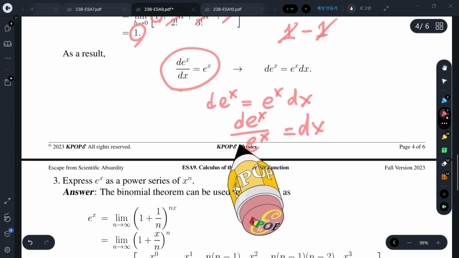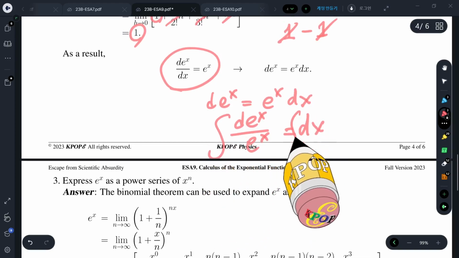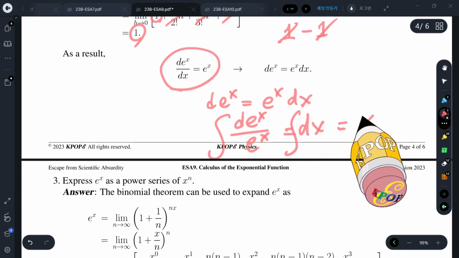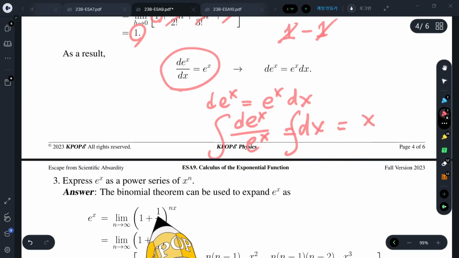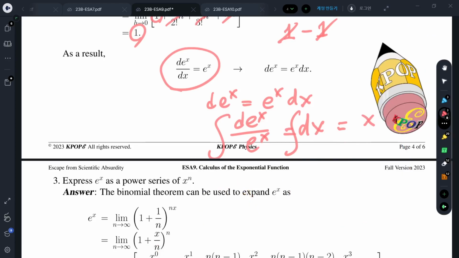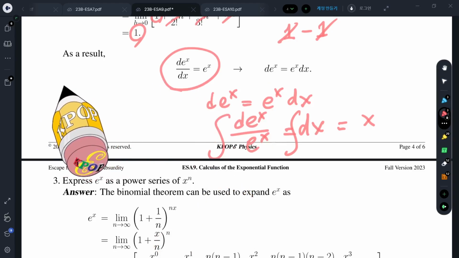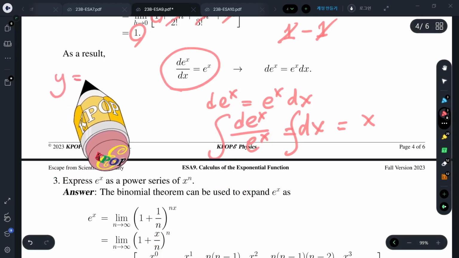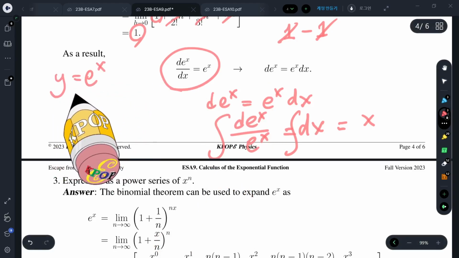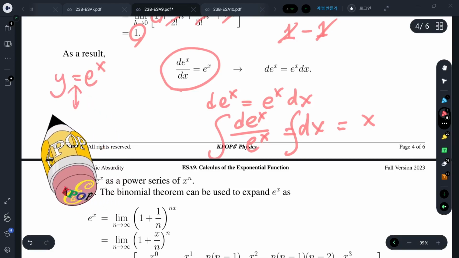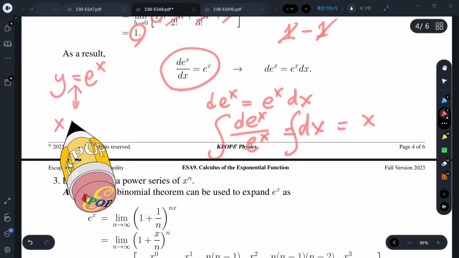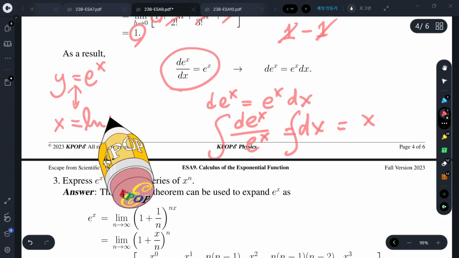If you find the integral of this, the result is x. By the way, let's write y equals e to the x. Then it is equivalent to say x equals log y.